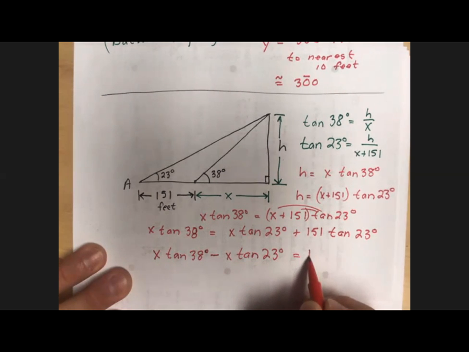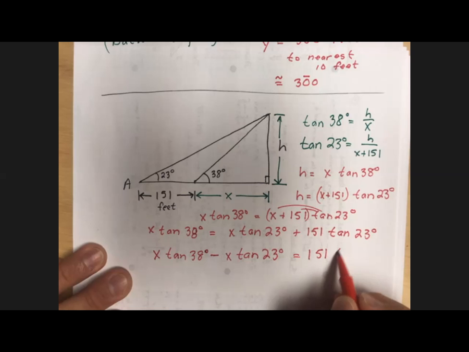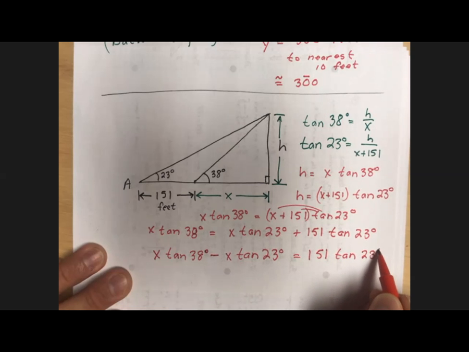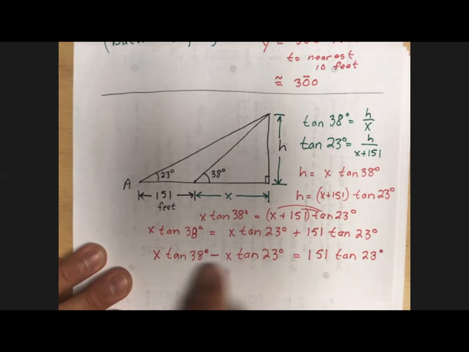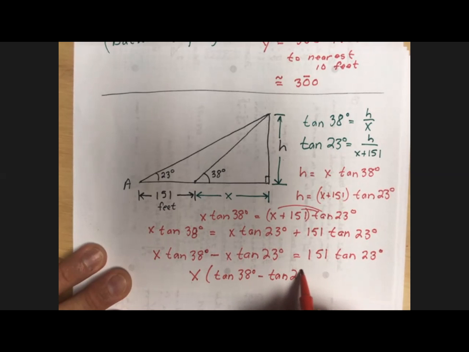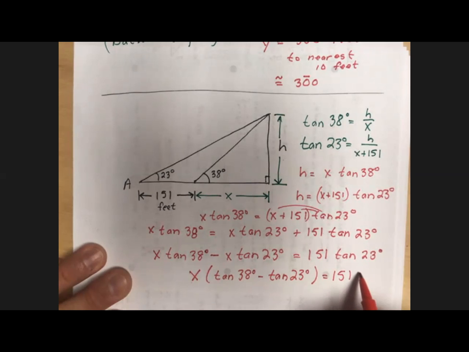I have to bring all the x's to one side. I'm doing a little bit of algebra right now. And I have two pieces that both have an x in them. So I am allowed to factor out the x and write x times tan 38 minus tan 23 equals 151 tan 23.